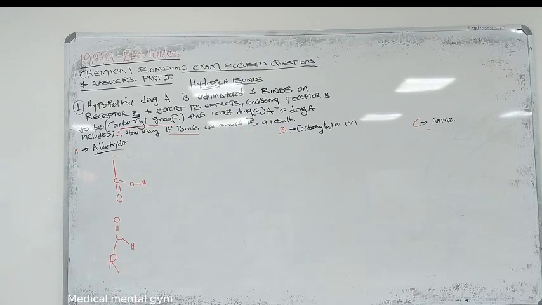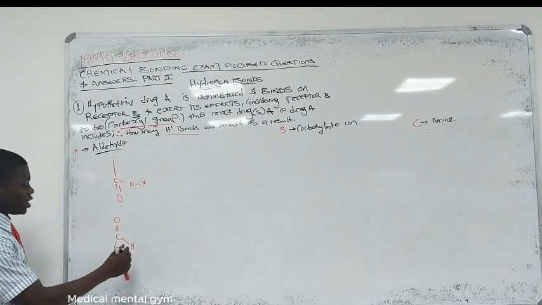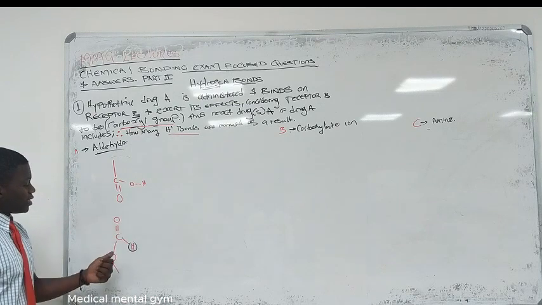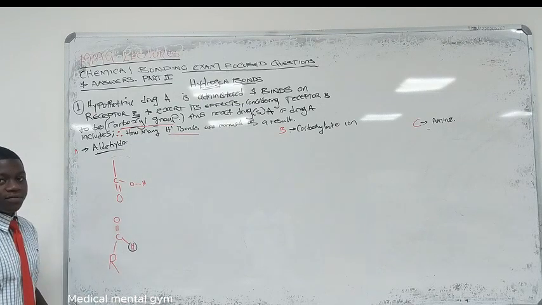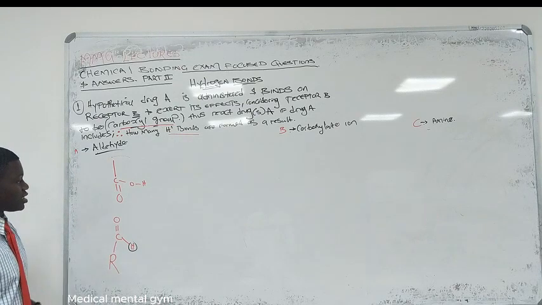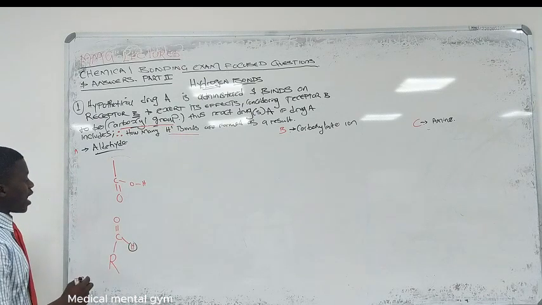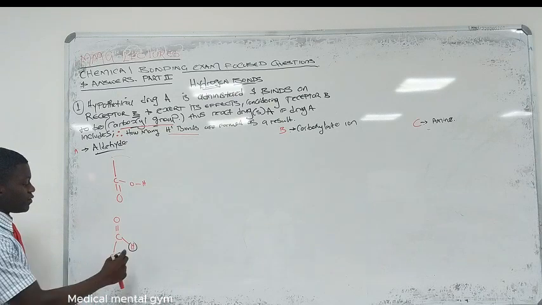So let's define a hydrogen bond before we begin this exercise briefly. A hydrogen bond is a bond between a hydrogen atom and a highly electronegative atom.